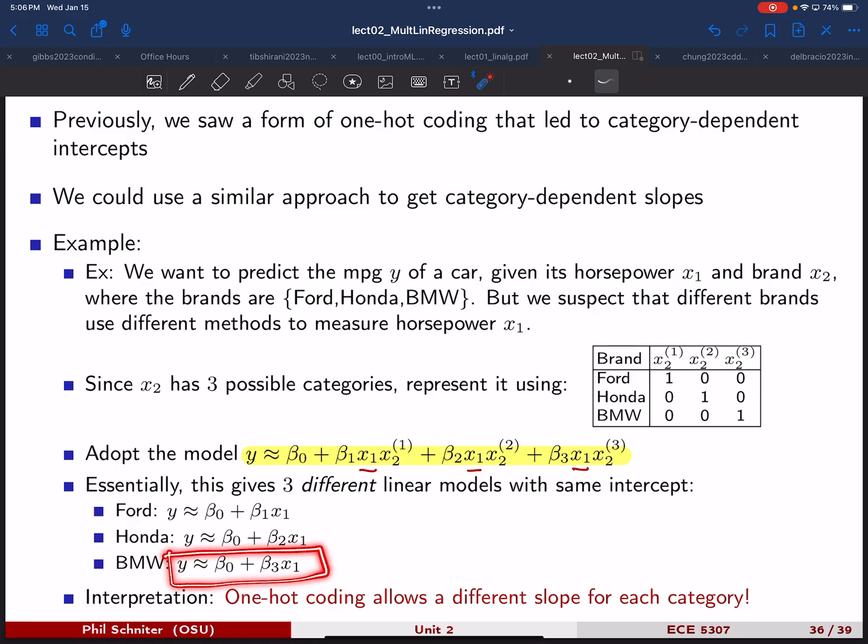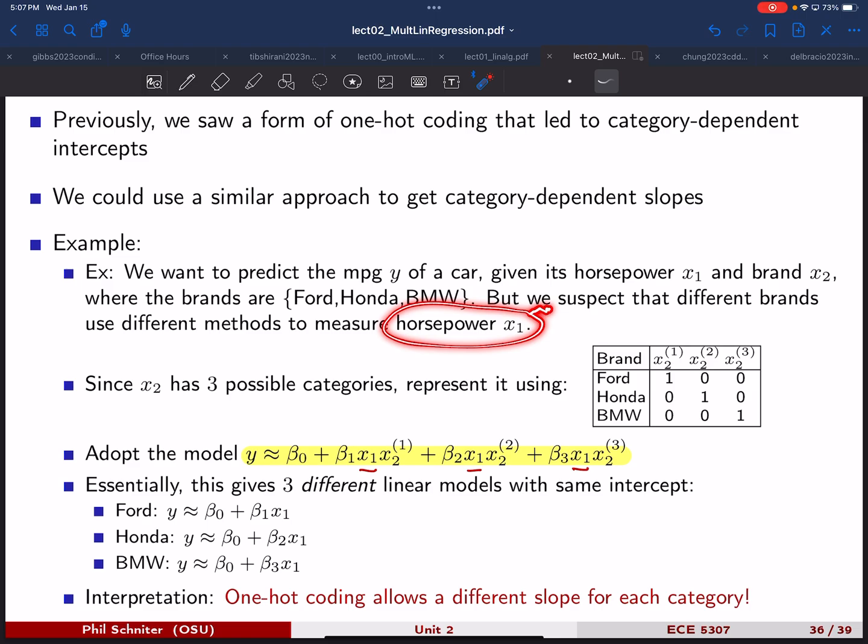Now you see that these models have the same intercept coefficient, but they get a slope coefficient that differs for the different categories. And this might make sense if you say, okay, remember in this example, X1 is horsepower. Each brand has their own way of measuring horsepower.